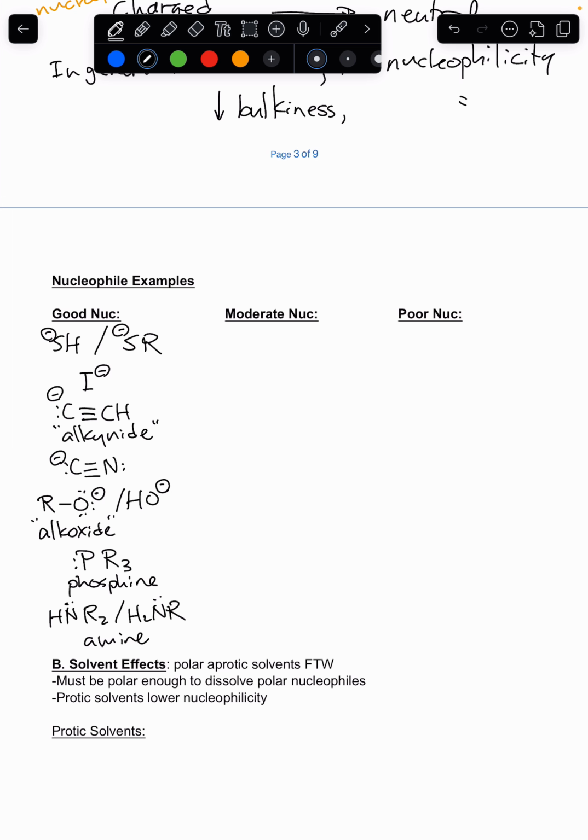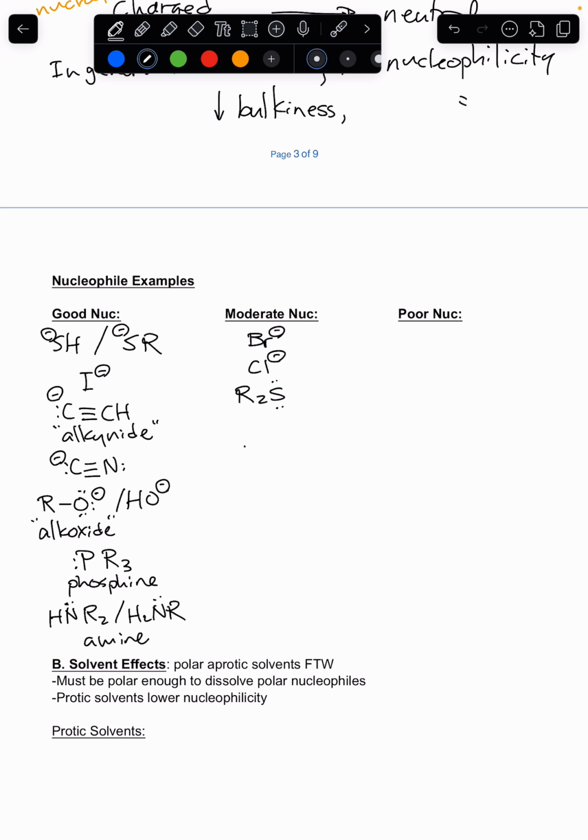Now the moderate ones. Some examples would be bromide, and chloride is not as good as bromide. I might be a little bit off on this ranking, but the sulfides are pretty good, even though they're neutral.